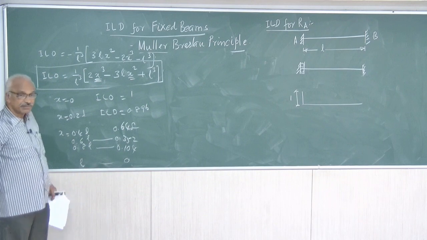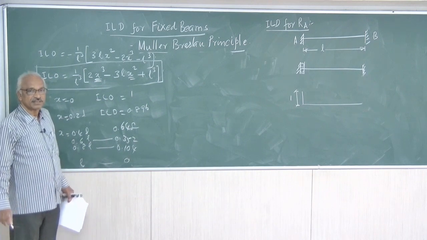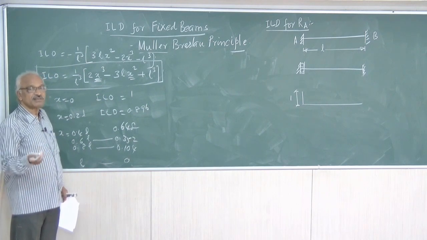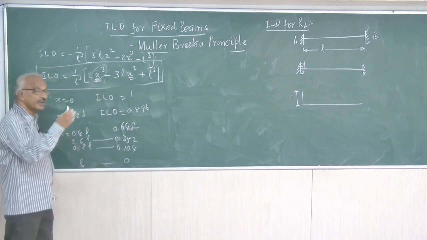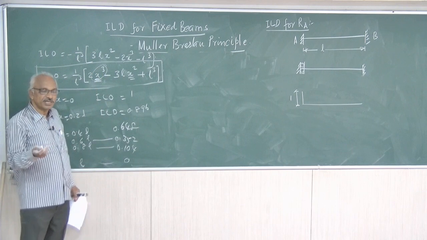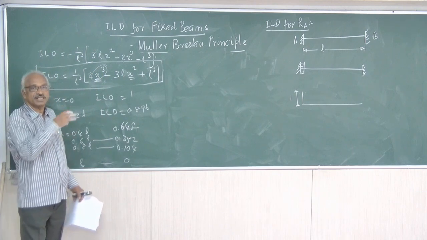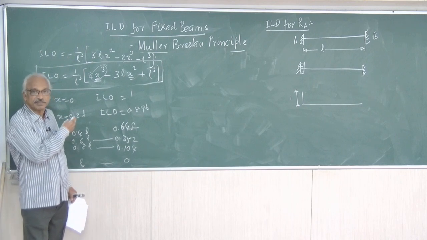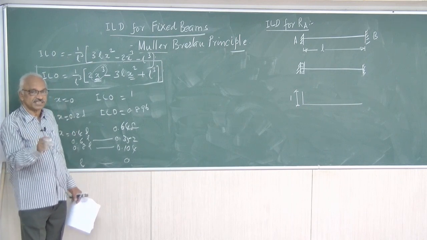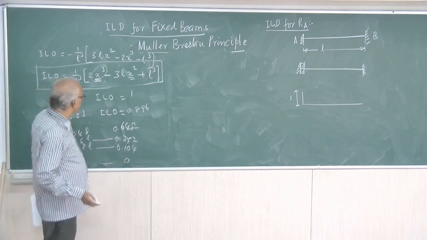Now the variable is x, and the power of the variable is 3. Highest power is 3. Therefore, it will be a cubic curve, because you will have a confusion whether it will be a linear variation, or second degree variation, or third degree variation. So here it is obvious the highest power of x is 3. Therefore, you have to draw the curve accordingly.